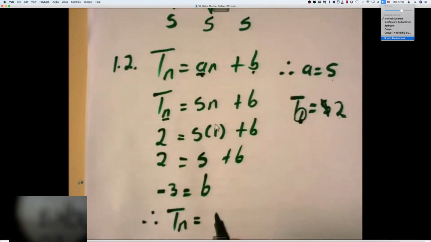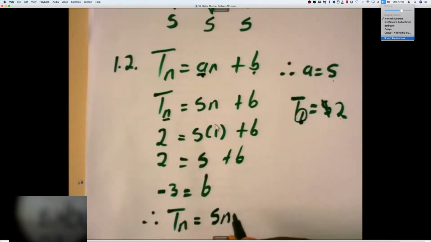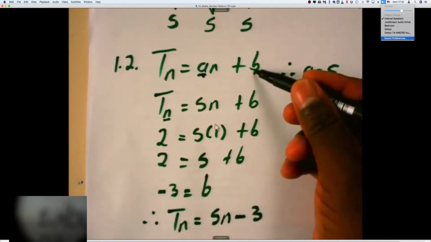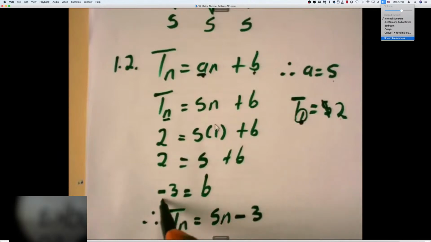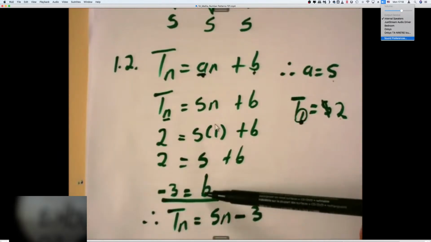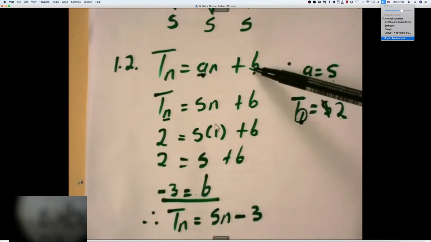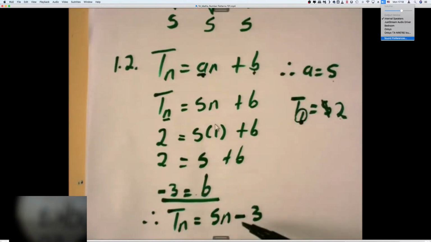Our a is 5. It's going to be 5n minus 3, because the value of b here is negative 3. So we substitute this negative 3 in this formula. Therefore, we've got tn is equal to 5n minus 3.